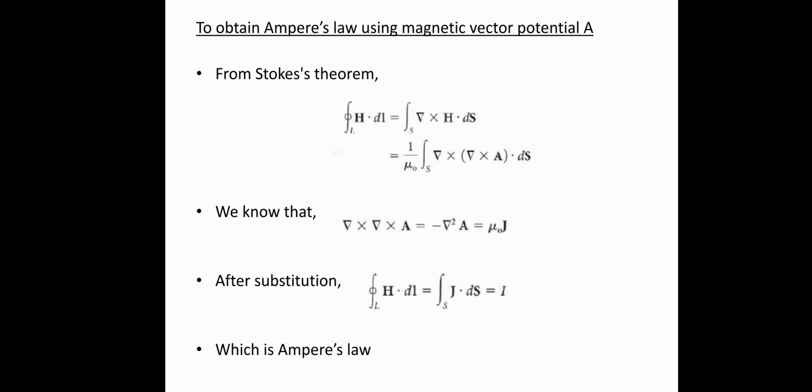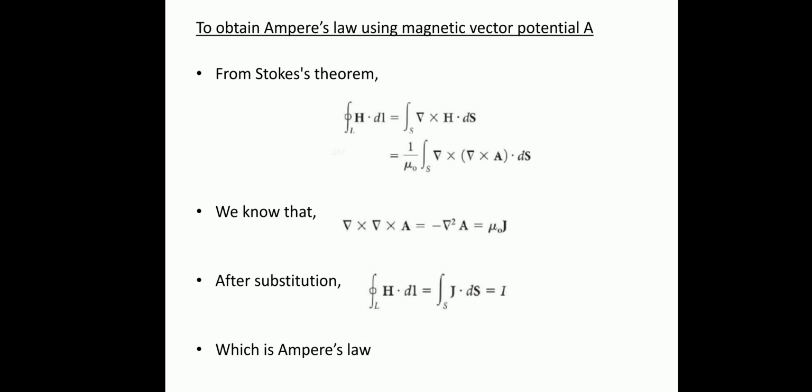Then we can rewrite our equation as the line integral of H dot dl equal to 1 by mu 0 times the surface integral of del cross del cross A ds, which becomes mu 0 J. So the line integral of H dot dl becomes 1 by mu 0 into the surface integral of mu 0 J dot ds.